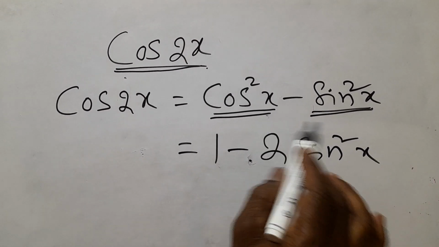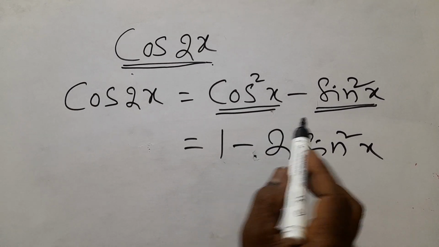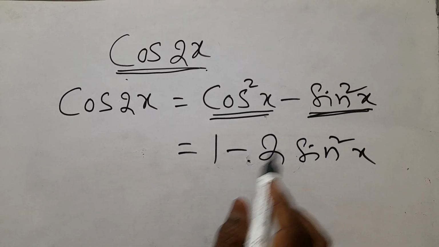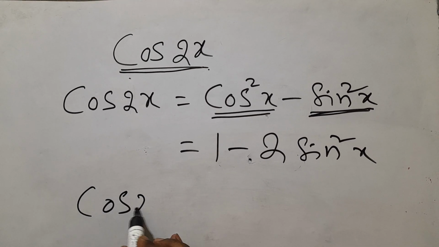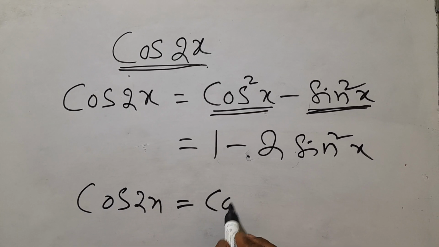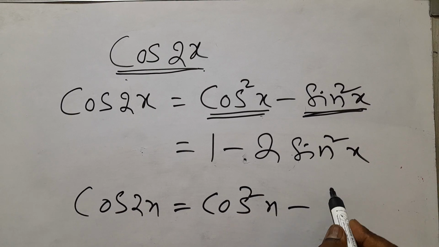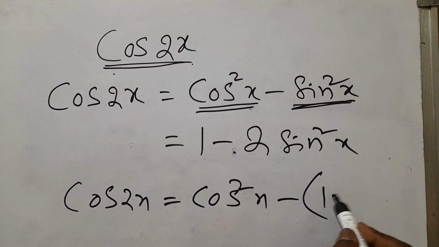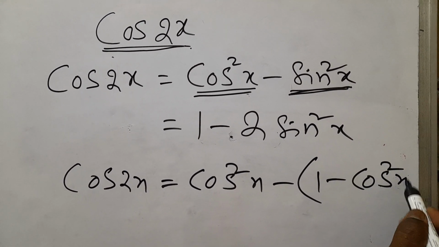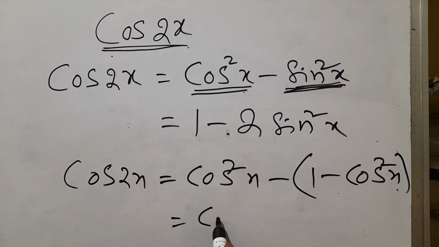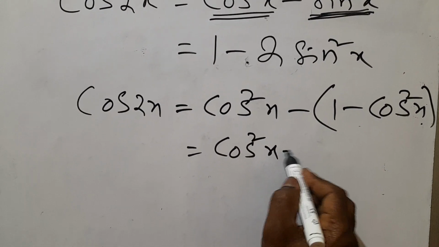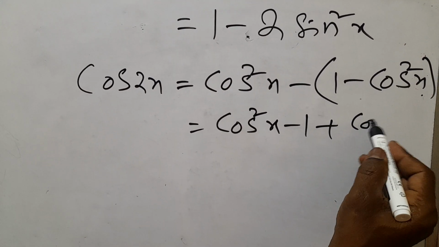Now let me find the third formula. In place of sin square x, if you put 1 minus cos square x, how? We have cos 2x is equal to cos square x, and I am replacing sin square x with 1 minus cos square x. Let us open the bracket: cos square x minus 1 plus cos square x.